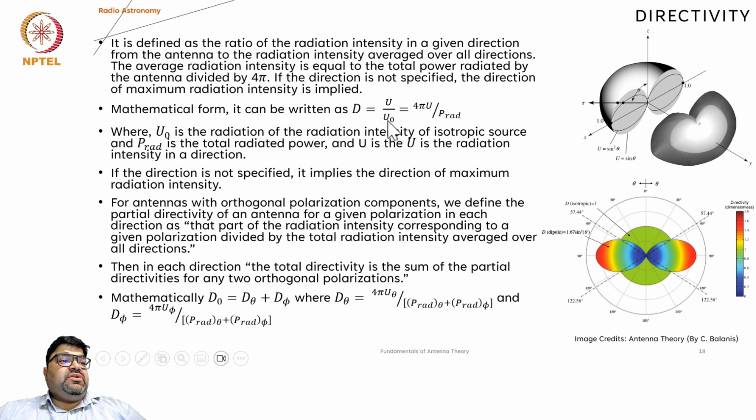As we know from the previous slide, for an isotropic antenna, it is P rad over 4 pi, which is U0. So U by U0 is given by 4 pi U over P rad, where U0 is the radiation intensity of an isotropic source, and P rad is the total radiated power. U is the radiation intensity in a particular direction. If the direction is not specified, it implies the direction of maximum radiation intensity.